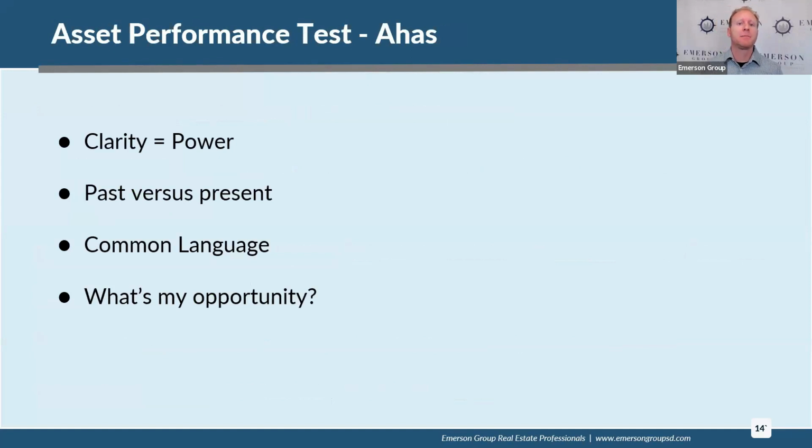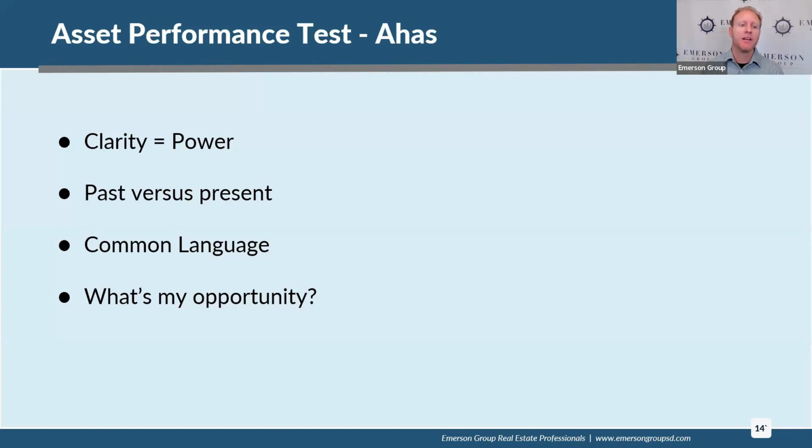So, asset performance test, right? What do we take away from the information that we learned from looking at this property, with our cash on cash, our return on investment, what the current return on equity is, what's our cap rate? What did we really take away? Well, one thing is we got clear, and clarity is power, right?